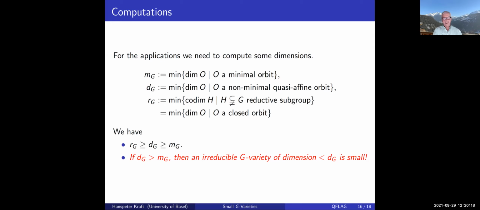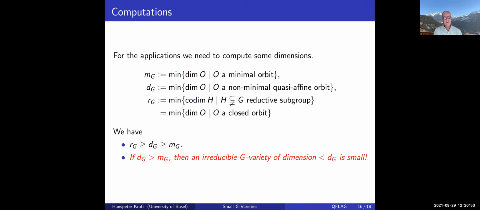The interesting thing is if dg, so if the next possible non-minimal orbit has dimension strictly larger than mg, or dg greater than mg, then it follows that every irreducible G variety of dimension less than dg is small. Because if less than dg, there are only minimal orbits left, all others are gone. So this is the interesting point.